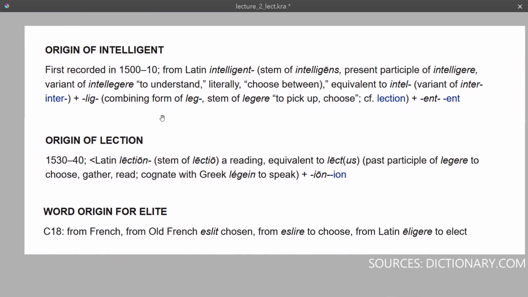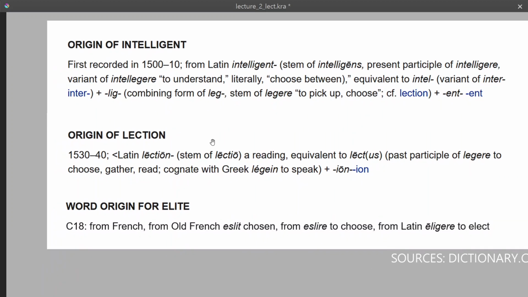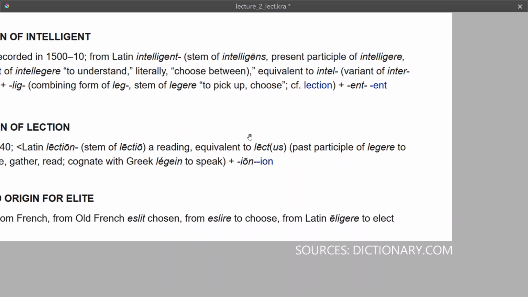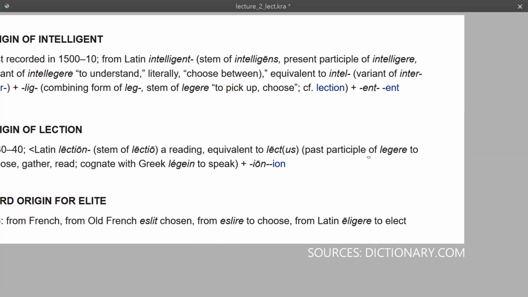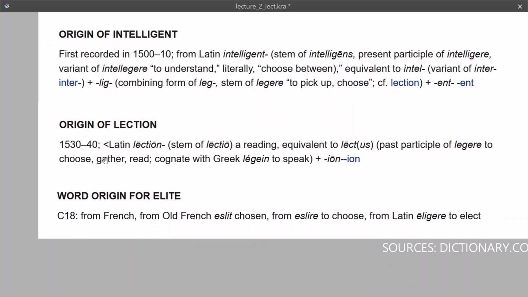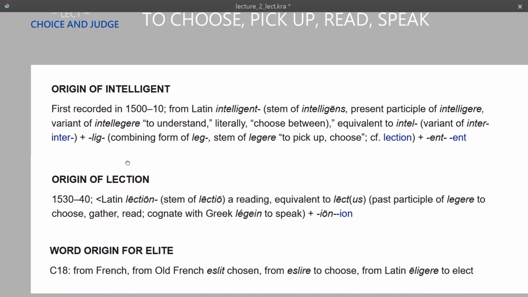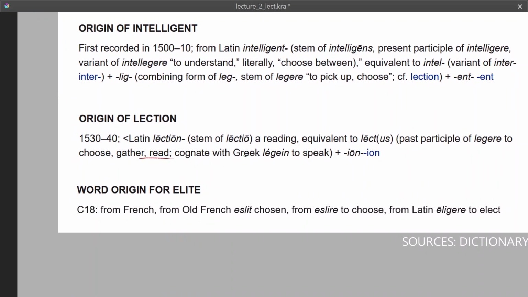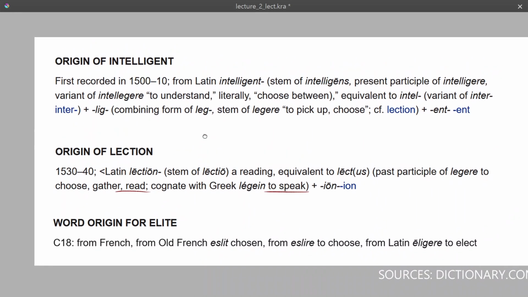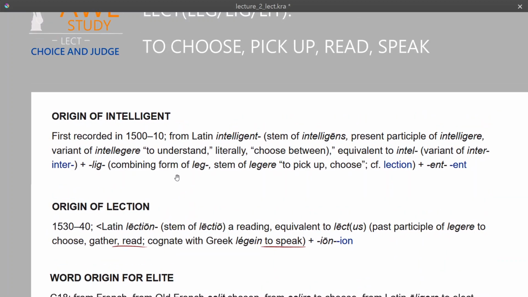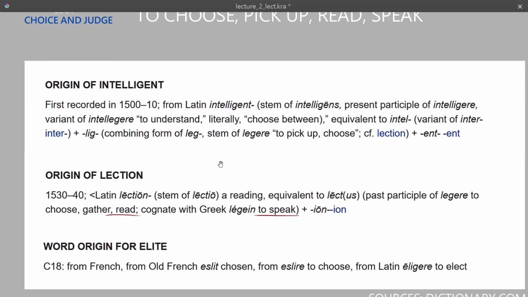And we also have the word lectus, which is a Latin word. It's the past participle of legere, meaning chosen together, and it also has something we didn't know before, to read or to speak. So we got additional information: to read or to speak.